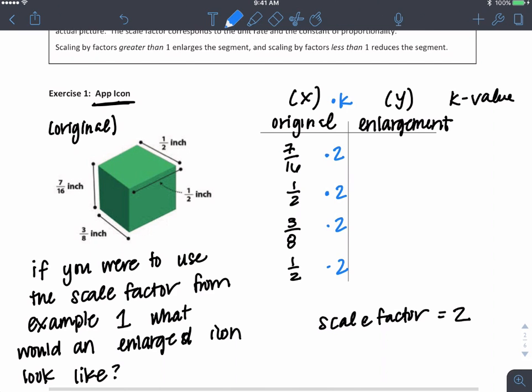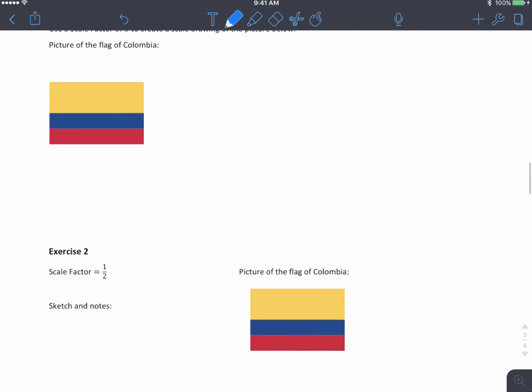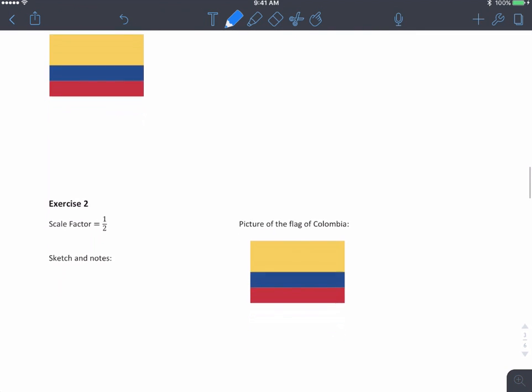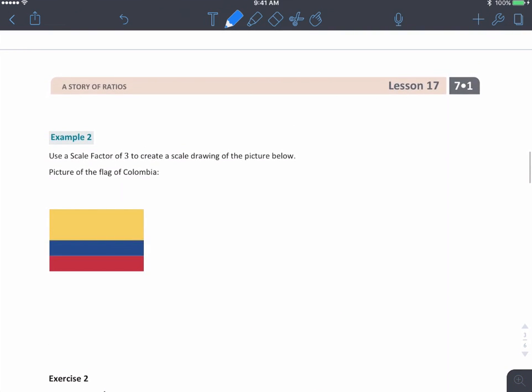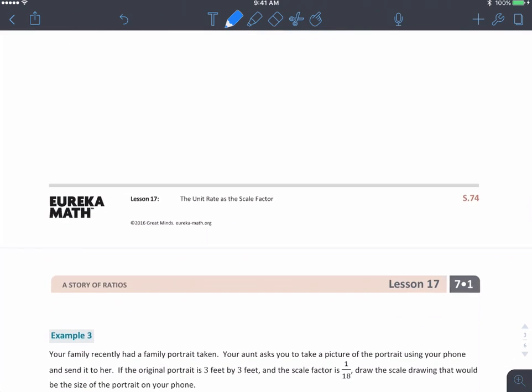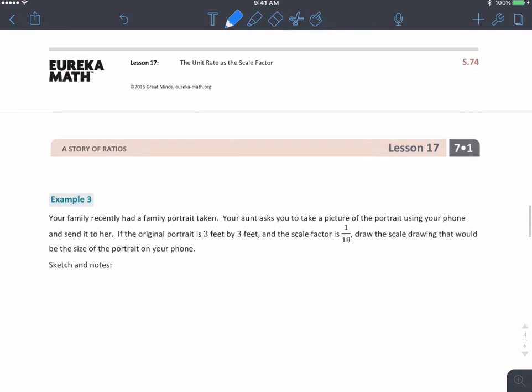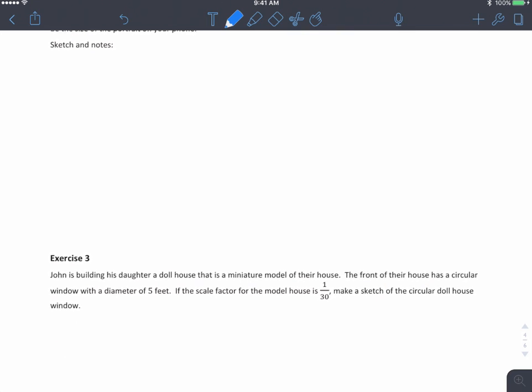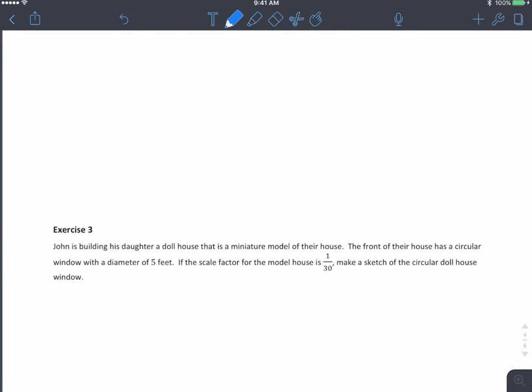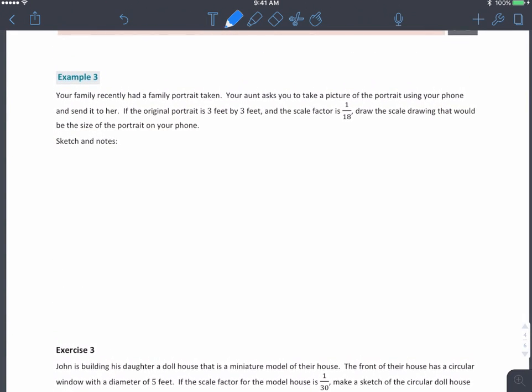And then for the rest of the exercises, I want you to come up with the dimensions.